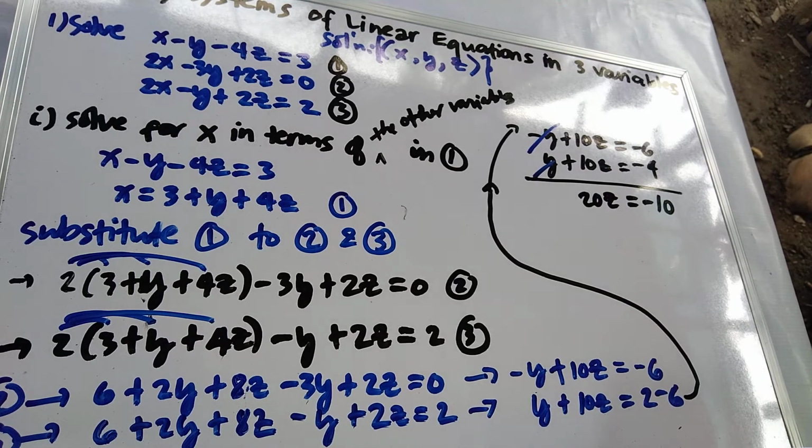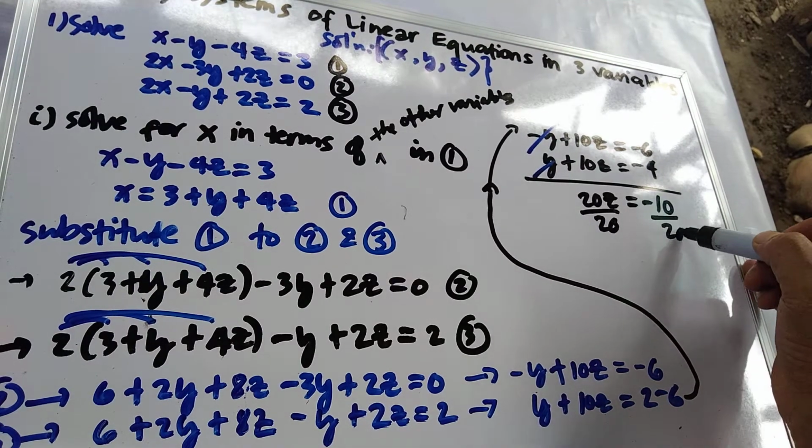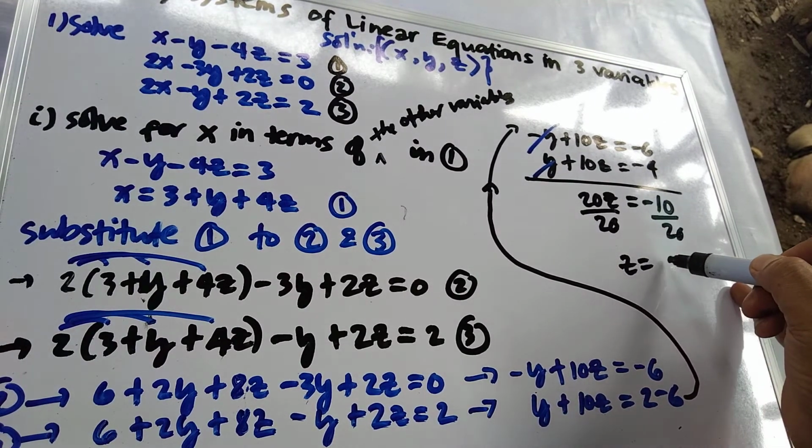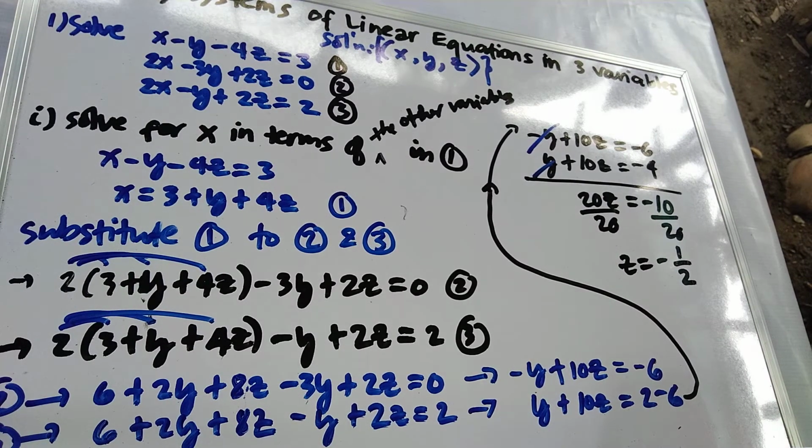Then here, we can solve z by dividing both sides by 20. So we have z is equal to negative 1 over 2. So we now have the value of z, which is negative 1/2. So we lack something.